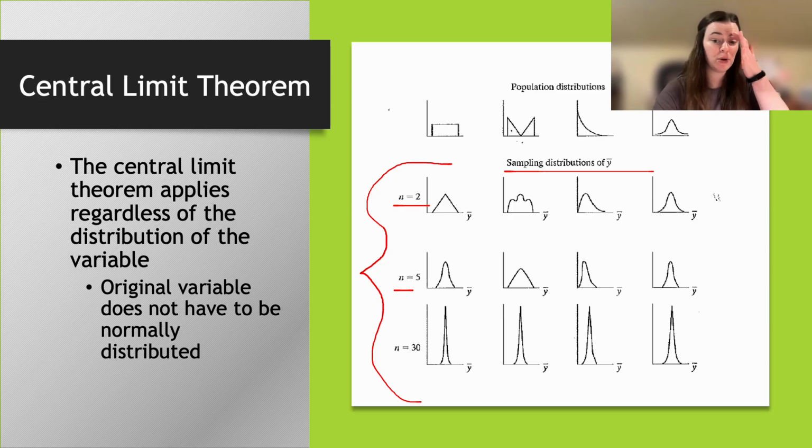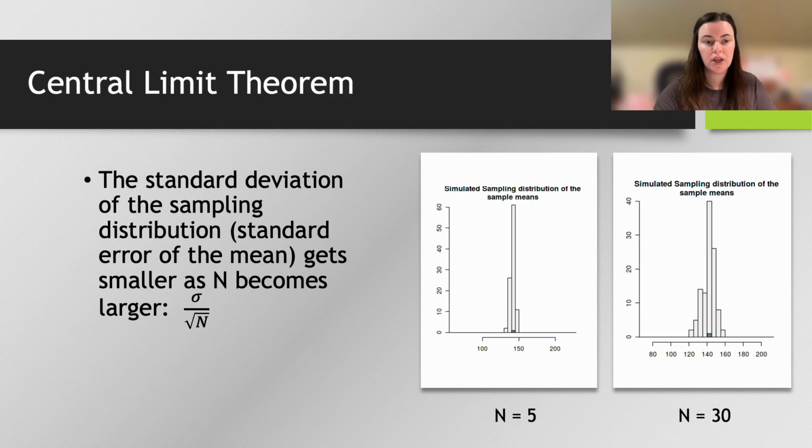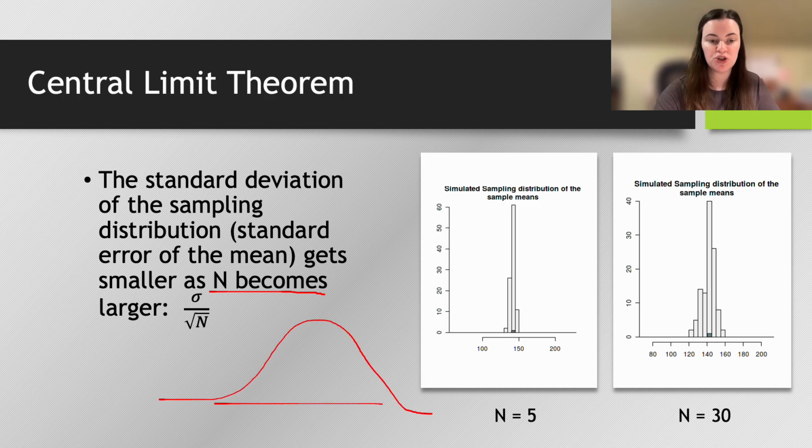Eventually, though, what it proposes is the more and more samples we take, the more we will resemble that bell-shaped curve. In terms of the standard deviation of the sampling distribution, this is now referred to as the standard error of the mean. It gets smaller as n becomes larger because we are more closely resembling the true population distribution, or that bell-shaped curve.